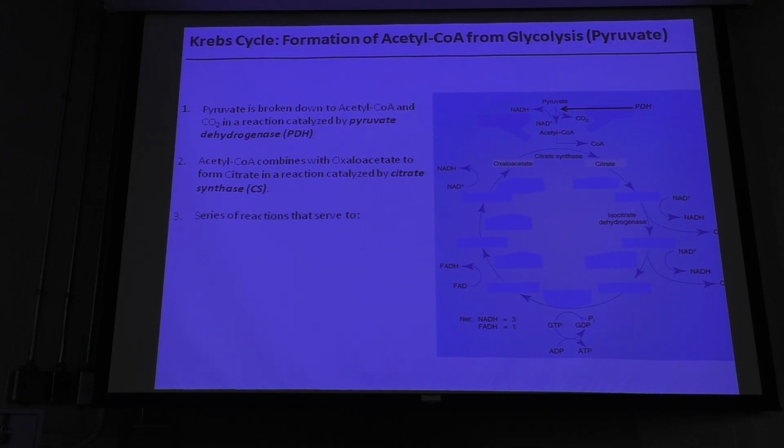Then there's a series of reactions that ultimately serve to regenerate this oxaloacetate, again to convert this acetyl-CoA and allow the Krebs cycle to continue, producing carbon dioxide.